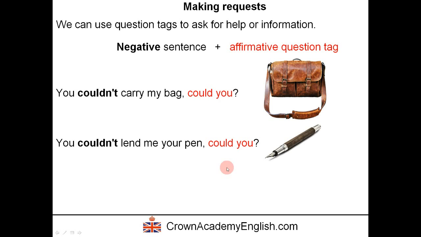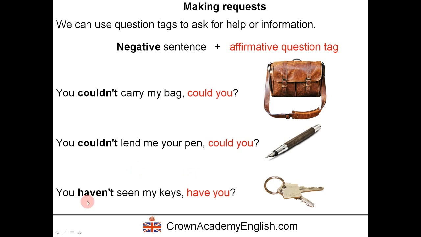You couldn't lend me your pen, could you? You couldn't lend me your pen, could you? Negative, affirmative. So this is the question tag. You haven't seen my keys, have you? You haven't seen my keys, have you?